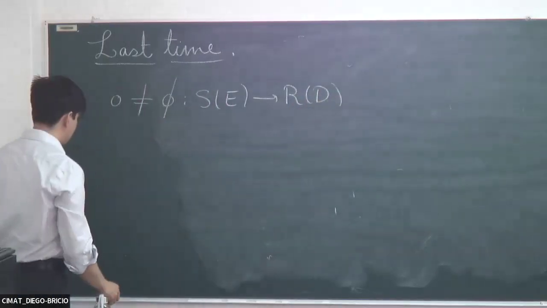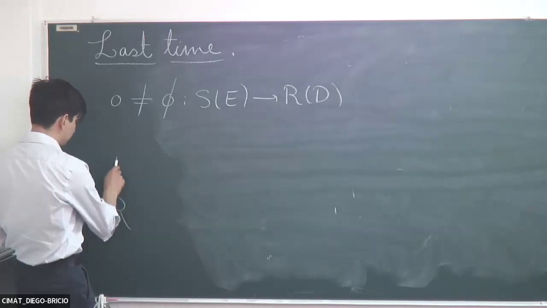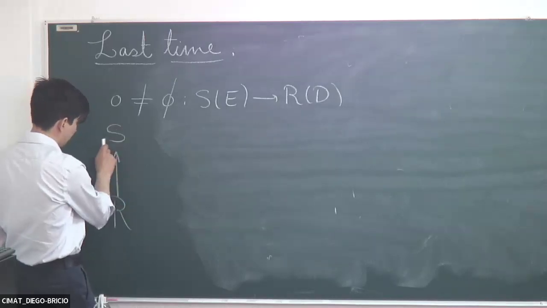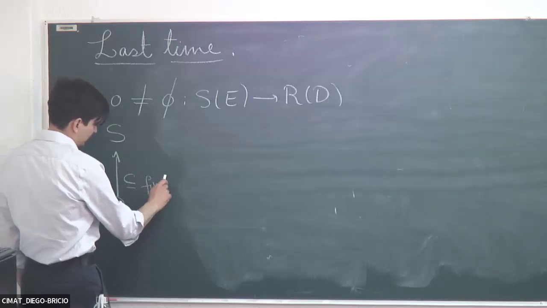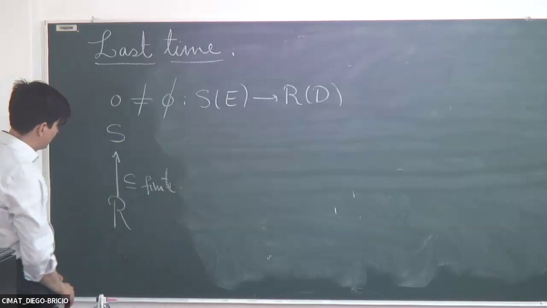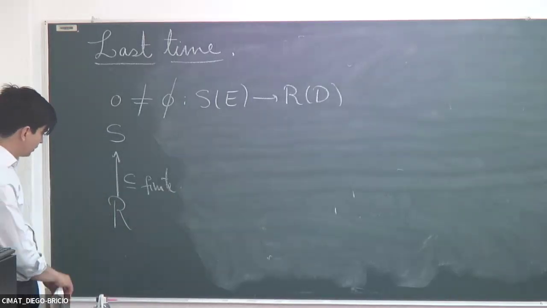okay, so the setup was that we had a finite extension. So this was finite, meaning that S is finitely generated as an R module.